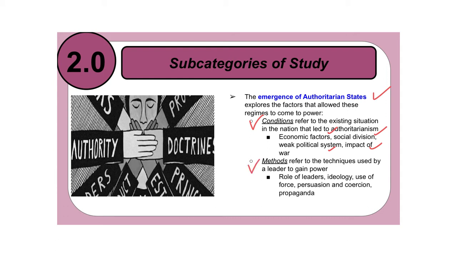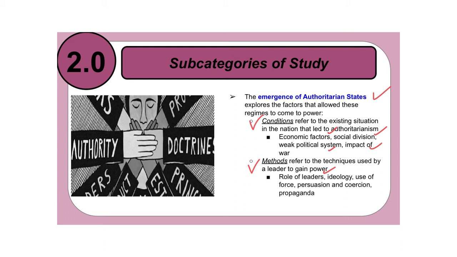Then secondly, we have methods that we need to look at. Methods refer to the techniques that are used by that particular leader to gain power. Some of the things that we look at from there is the role of other leaders. Since we're doing Hitler as a case study, what other prominent Germans were around during that time period that either aided Adolf Hitler in coming into power, or even tried to prevent him from coming to power?